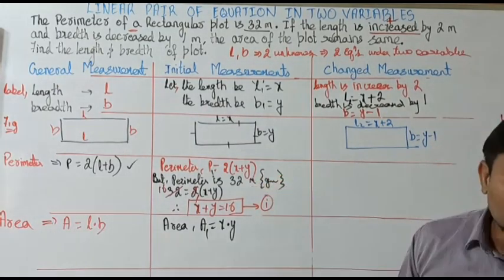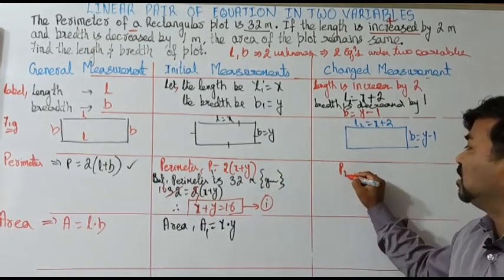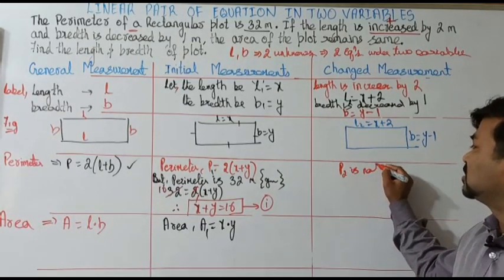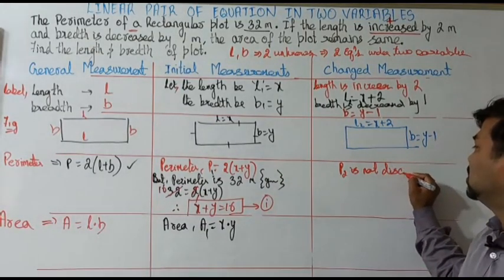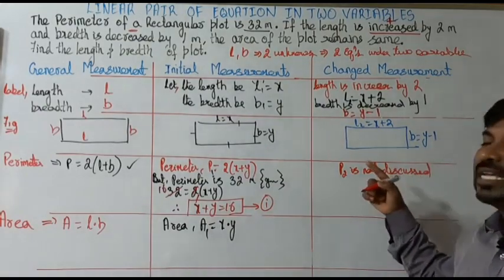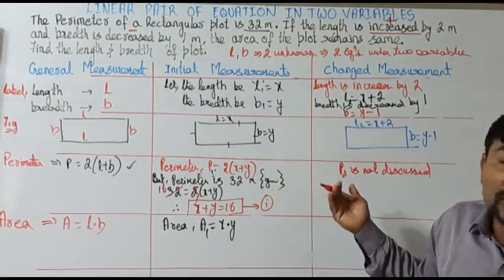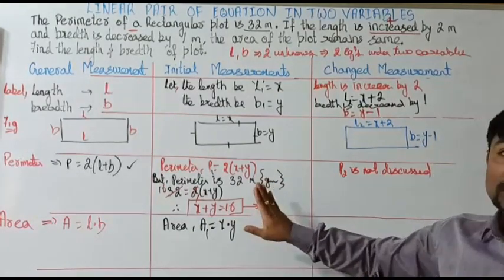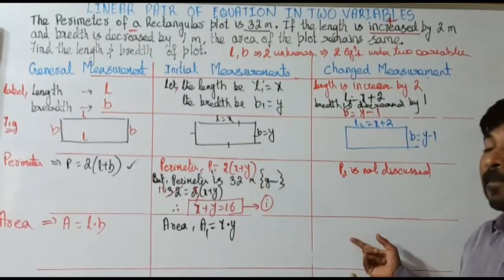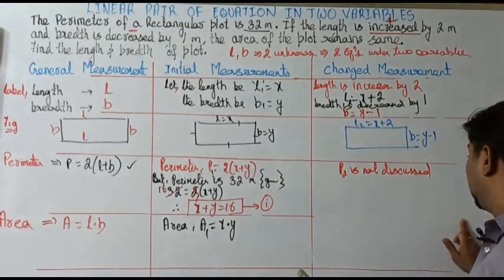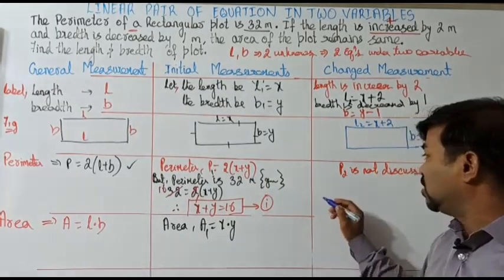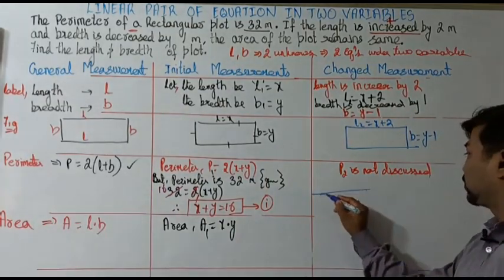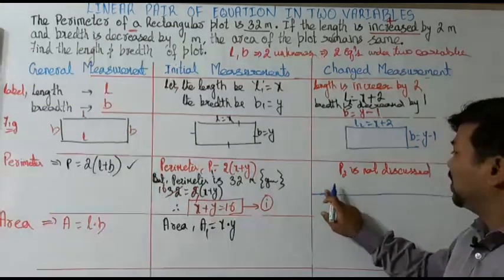Did he talk about the perimeter? Perimeter is not discussed in the sum. So we are not taking the help of the changed perimeter for finding equation 2. We are already done with equation 1. Now, whatever area he has given, we go for that.